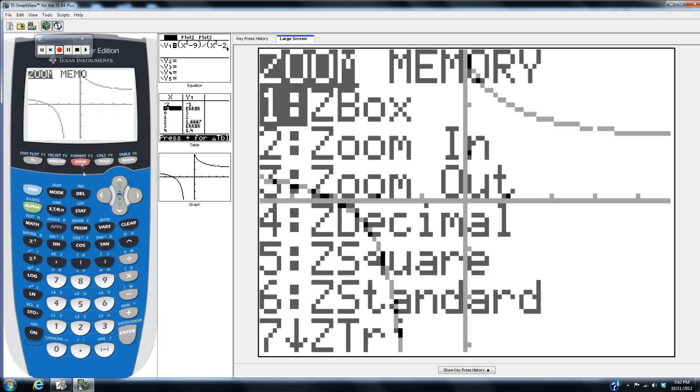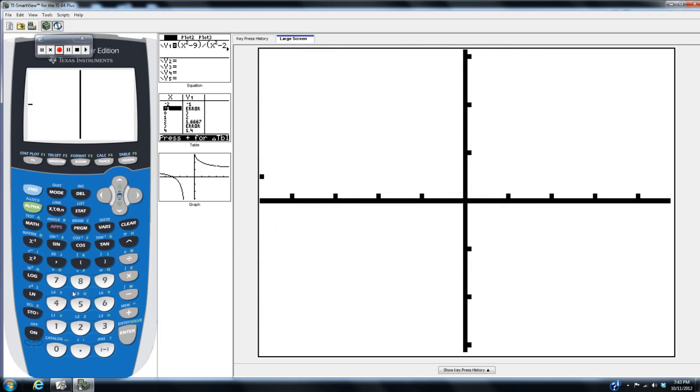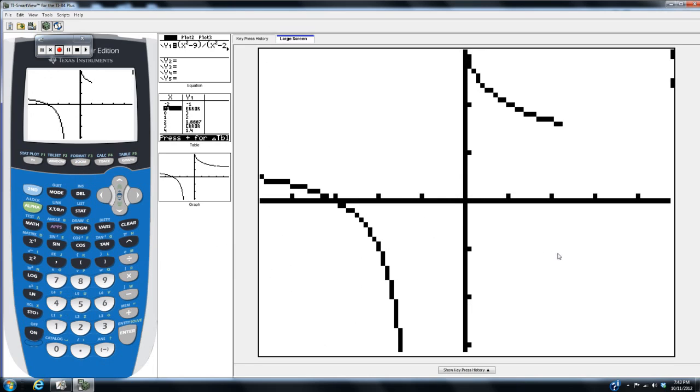I am on zoom decimal; I like zoom 4 for the window. I want you to look real closely at x equals 1, 2, 3. See that gap? See that space? There's your hole. There's a missing space right there, and you have to look real closely or you'll miss it. But there is a gap in your graph.